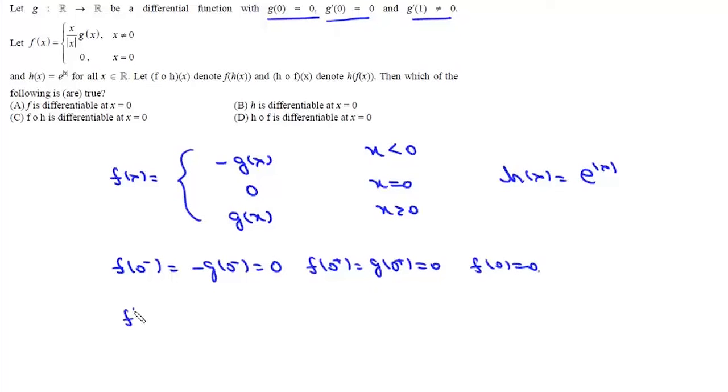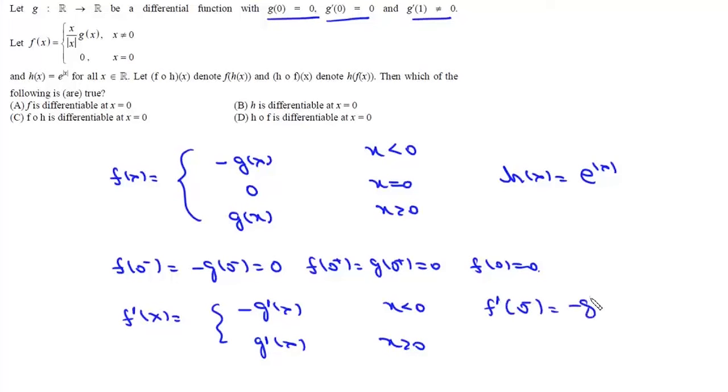If we find f dash x, it will be minus g dash x when x is less than 0, and g dash x when x is greater than 0. Now if we look at f dash 0 negative, it will be minus g dash 0, which is 0, and f dash 0 positive, it will be g dash 0, which again is 0. That means this function is differentiable at x equals 0. So this option A, it is correct.